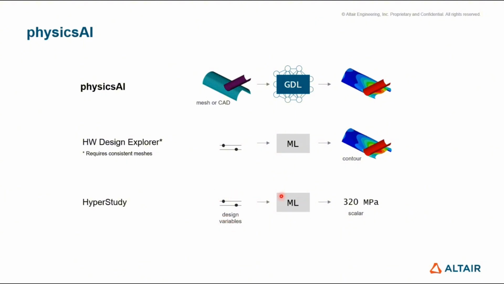And then when you train, let's say you have done a fit, whatever results you get in HyperStudy are basically scalar results, right? For example, what's my maximum stress, or my maximum or minimum displacement. So they're all scalar values, and you don't see the contour results. You don't see the stress distribution, right? So that's HyperStudy. You need to set your own parameters, and then the results are scalar.